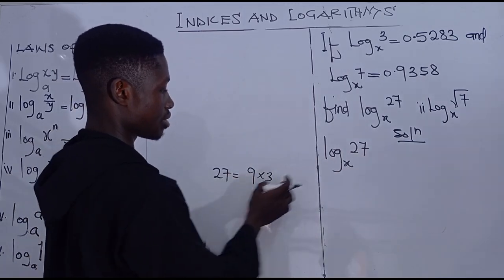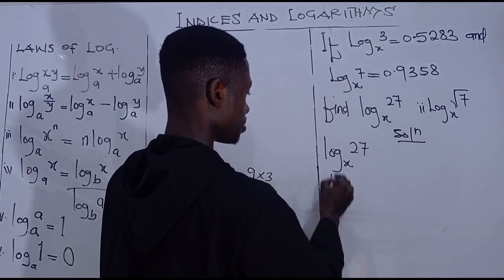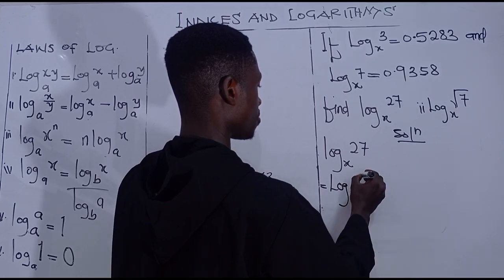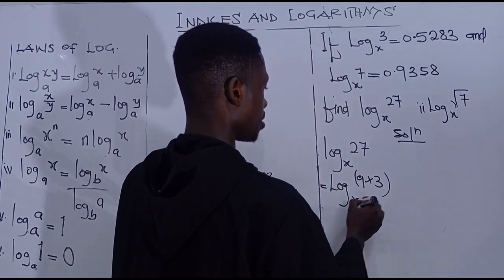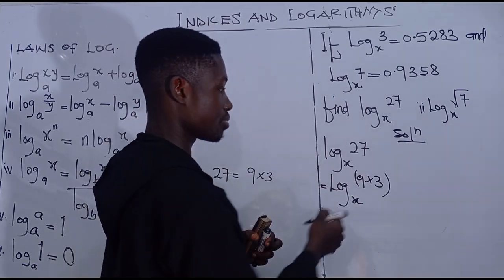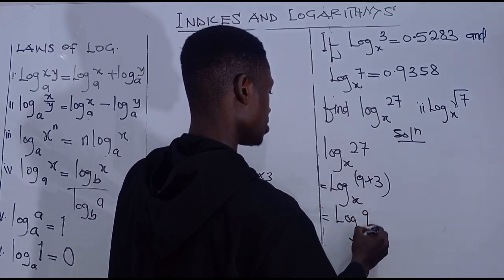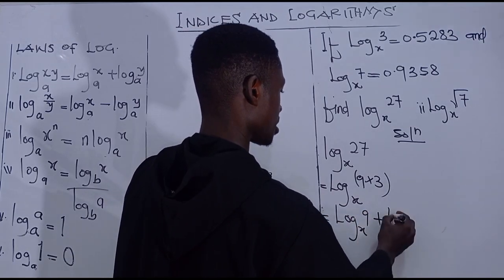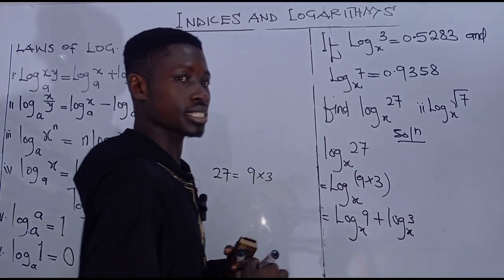So in place of 27, we are going to place 9 times 3. So you have log of 9 times 3 to the base of x. Applying the multiplication law for logarithms, we can write this as log of 9 to the base of x plus log of 3 to the base of x.